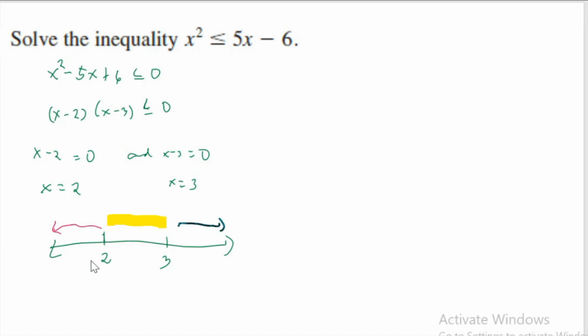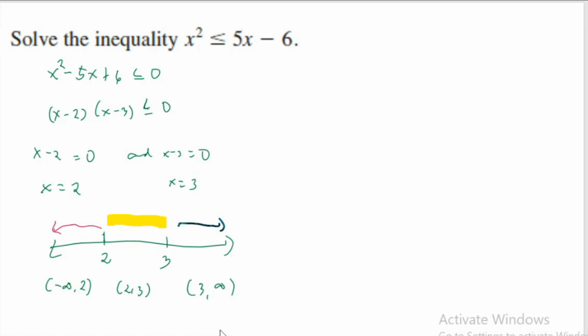This side here is the interval from negative infinity to 2, this interval here is 2 to 3, and this side here is the interval of 3 to positive infinity.